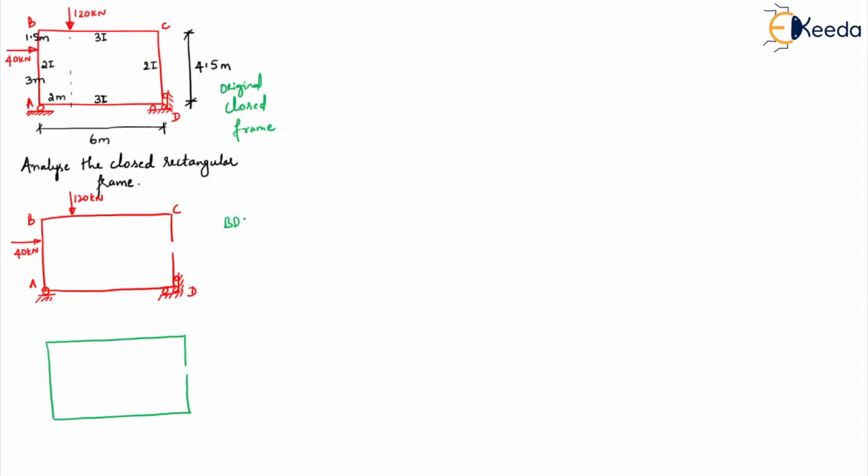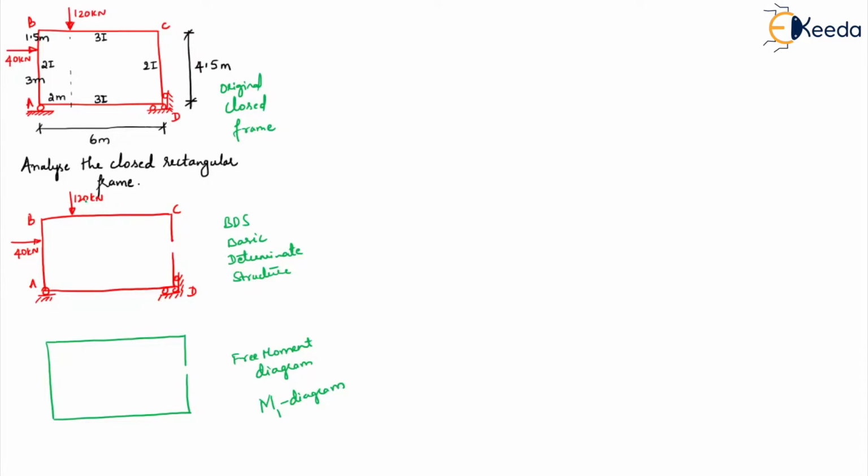This is the BDS, the basic determinate structure. And this is your free moment diagram. Let us call this the M1 diagram.